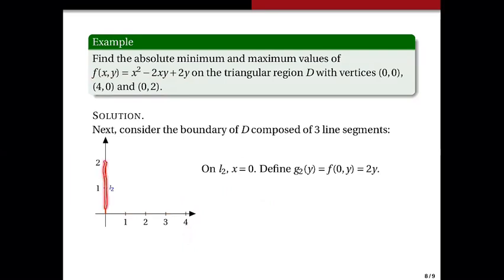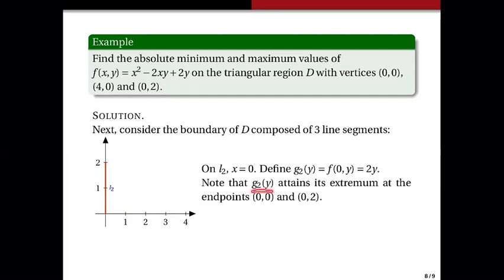Next, for the line L2 here, you have x equals 0. You can define g sub 2 of y equals f of 0, y, which is just 2y. So again, this is just a function of one variable. Methods we know from there can be used.